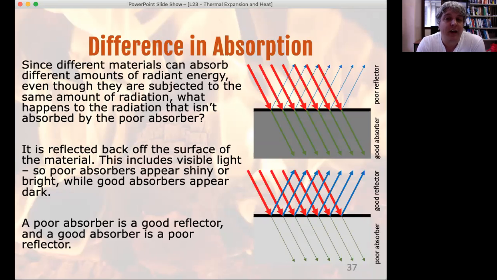Something that is good at absorbing will therefore be a poor reflector, whereas something that is good at reflecting is therefore not going to be able to absorb much, because energy conservation means the total amount of energy arriving at the surface must be the same as the amount left after. That's the amount that reflects off the surface and the amount that's absorbed by the object. So if one of those is big, then the other one must be small, just by energy conservation.